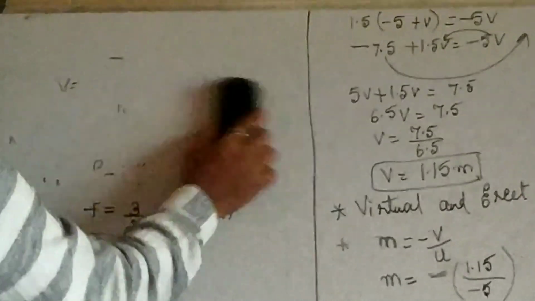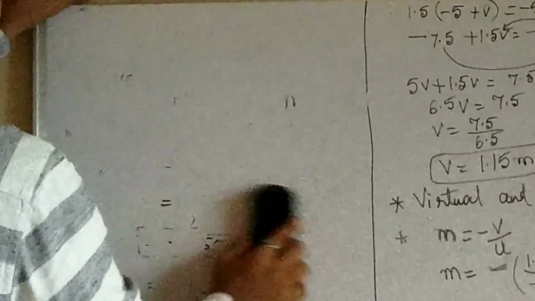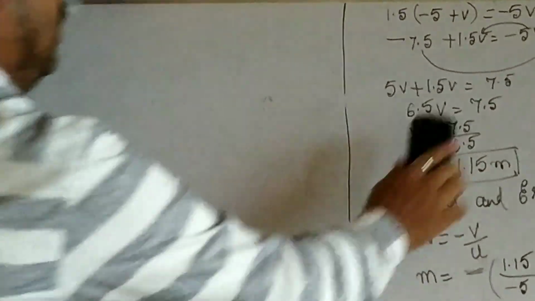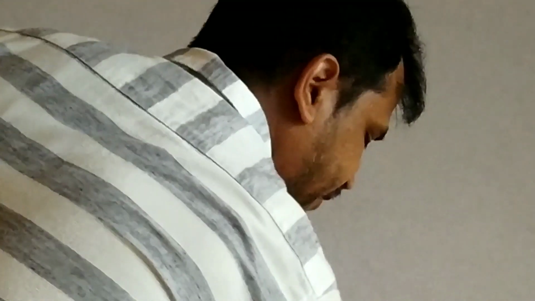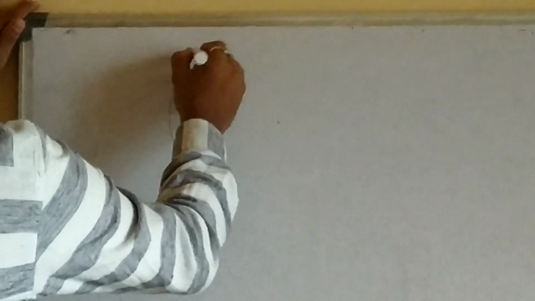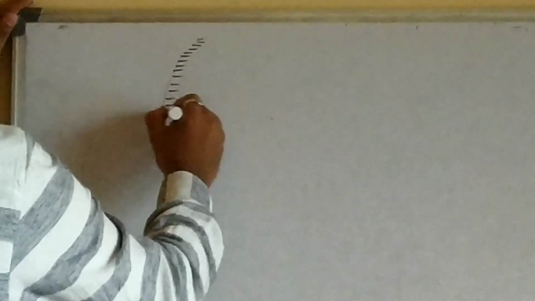Now let me explain here. You have a convex mirror, right? You know the ray diagram in a convex mirror. Roughly I will draw. See, this is a convex mirror.